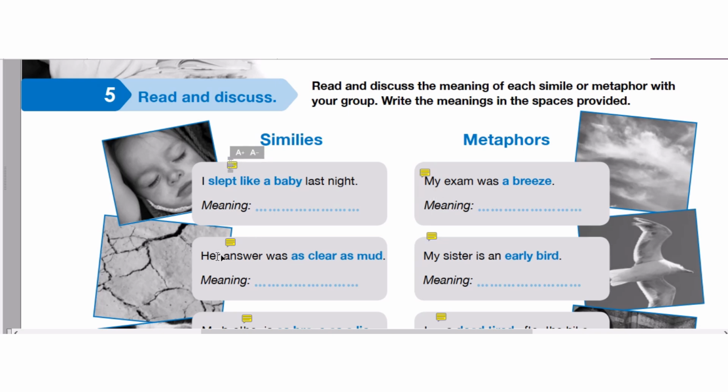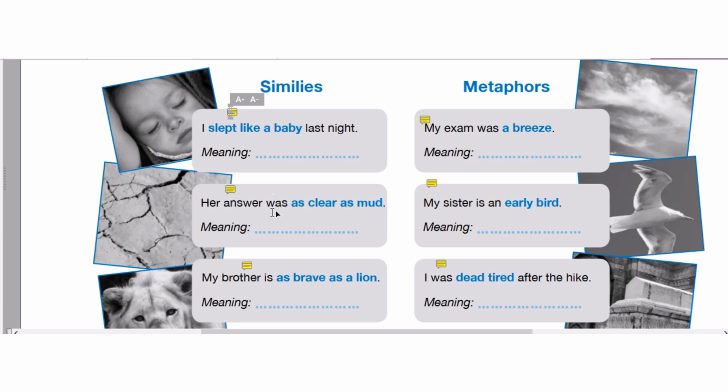We move to number 2. Her answer was as clear as mud. What do we mean by this, as clear as mud? It means that something is very difficult to understand, as mud isn't clear.